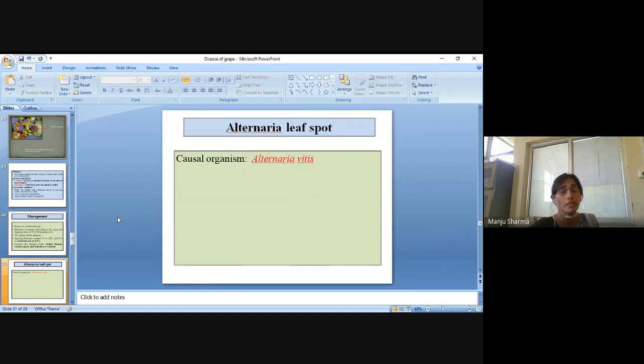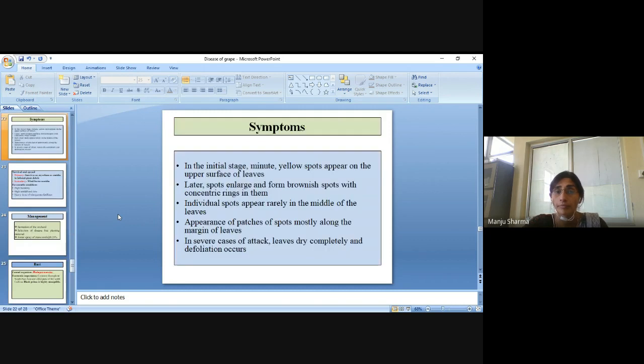Then the next one is Alternaria leaf spot, caused by Alternaria vitis. The symptoms are like this: in the initial stage, minute yellow spots appear on the upper surface of leaves.